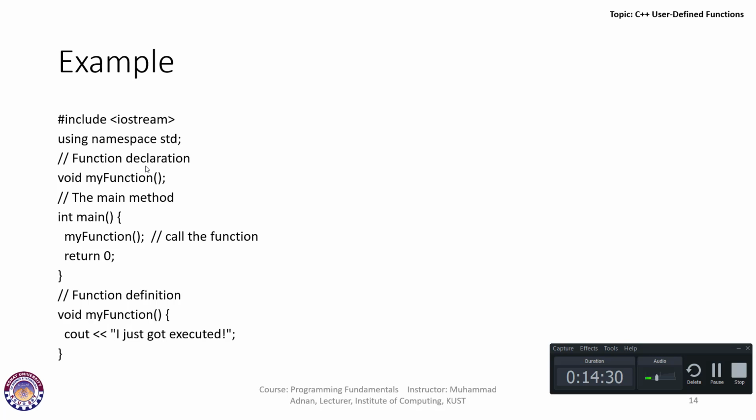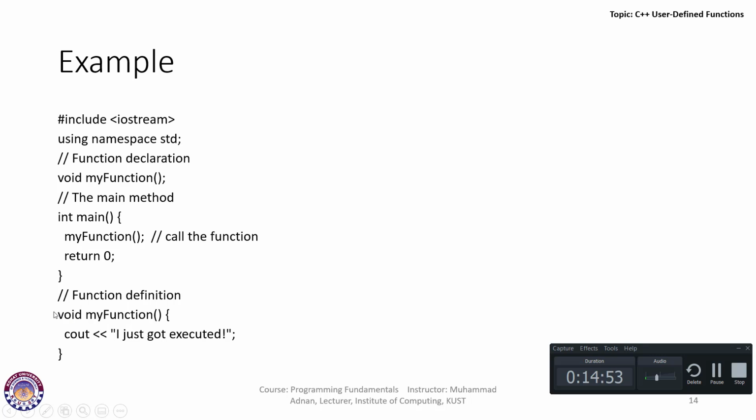So at the top you declare a function, void my function, and then inside the main function you call it. Then the control comes to the function definition. It gets executed, and after that the control comes back to the main function, and the return 0 statement is executed.